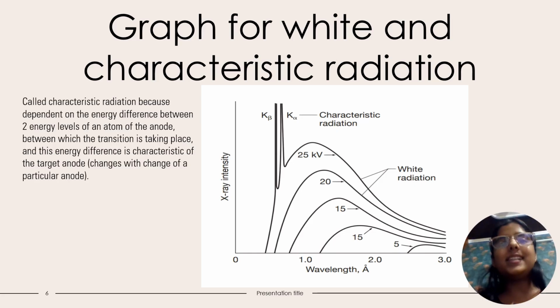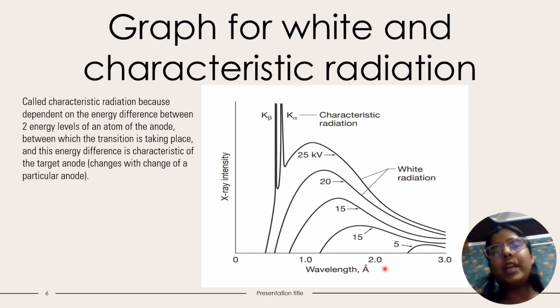Now, as discussed earlier, we can discuss the graph for white and characteristic radiation wavelength. So here is the X-ray intensity and here is the wavelength, and we can see that the white radiation is a broad spectrum consisting of many wavelengths, from roughly 1 angstrom to 3 angstrom, giving a maxima at this position.